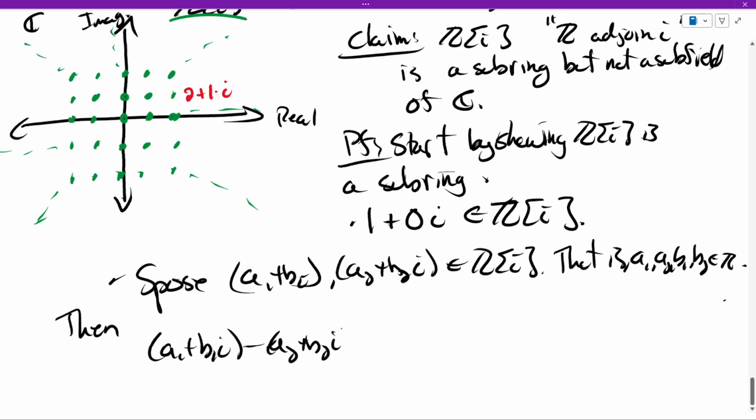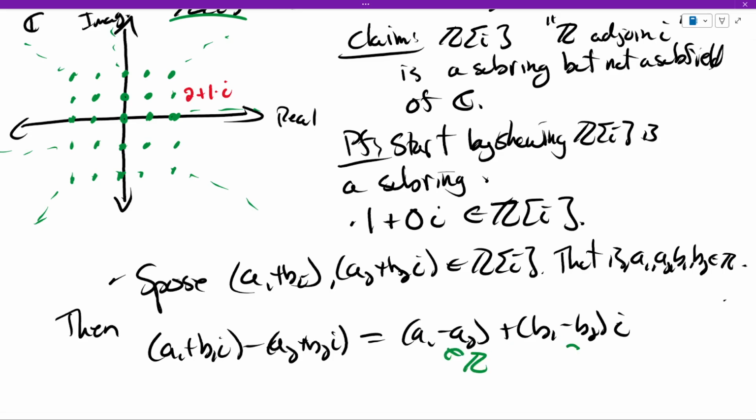So a1 plus b1i minus a2 plus b2i is just going to be the difference of the real and imaginary parts. And when we compute this difference, a1 and a2 are integers, so their difference is still an integer, and b1 and b2 are integers, so their difference is still an integer. So this is still a Gaussian integer. So it's closed under subtraction.